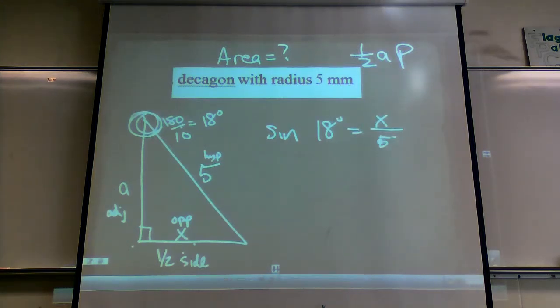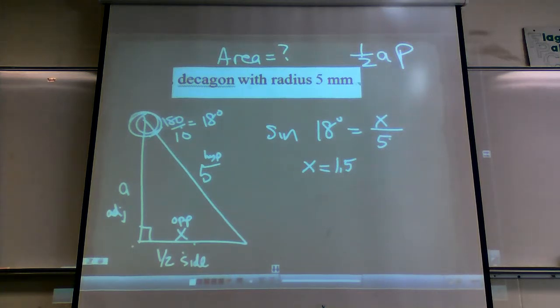And guys, if you set this up the same way every time, for the problems that start with the radius, you're always going to use sine to find the x, cosine to find the a. So what's 5 times sine of 18? 1.5. Okay, so x is 1.5, that's half the side.